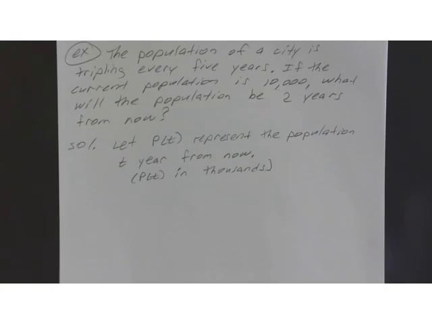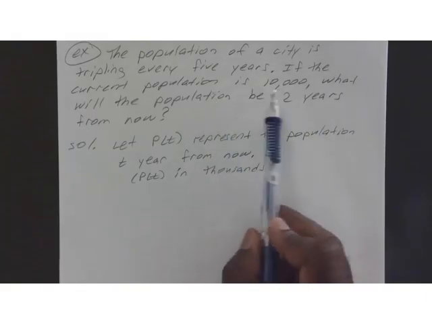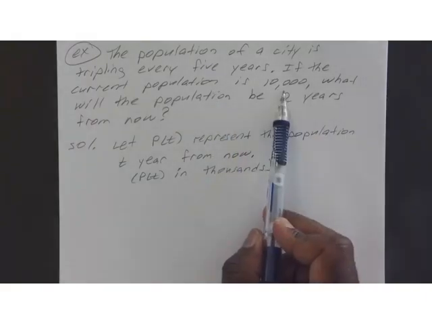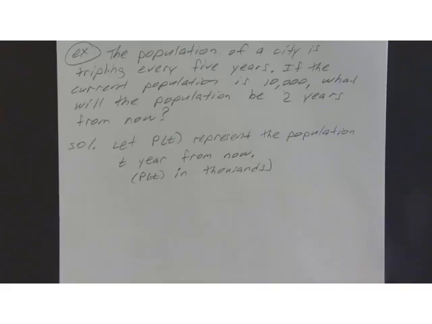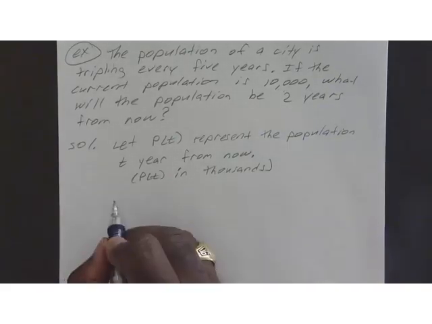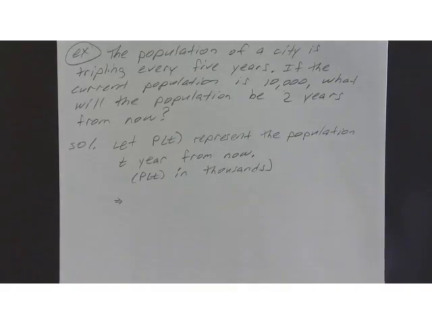Okay. So they already gave us that the current population is 10,000. So if we started counting right this very minute at that current population, then that's when our t is equal to 0. That's when we're starting our observation.